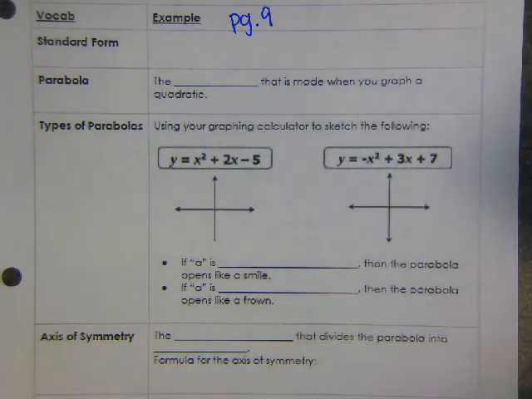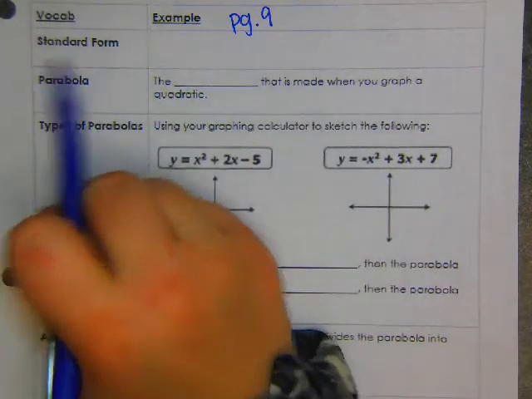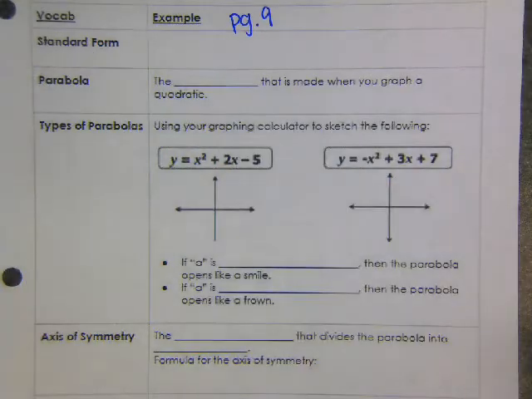So Unit 5 is all about identifying important parts of the quadratic function. It's also about graphing them. So before we can graph, we need to know what the parts of the graph are. So we're going to start with standard form. Standard form is the same as it's always been.